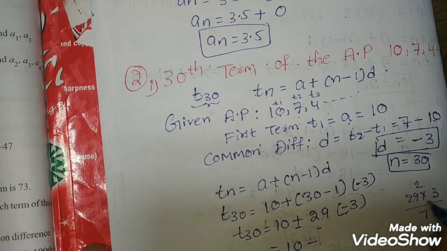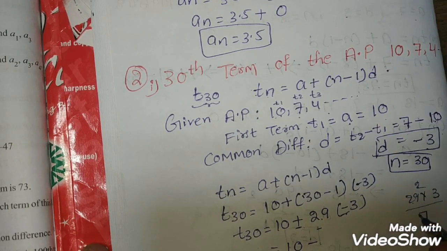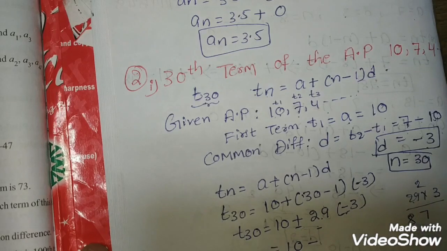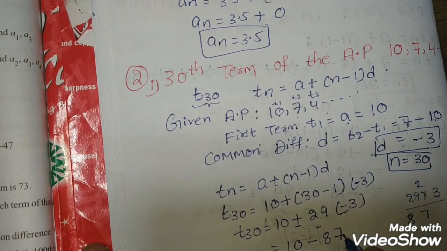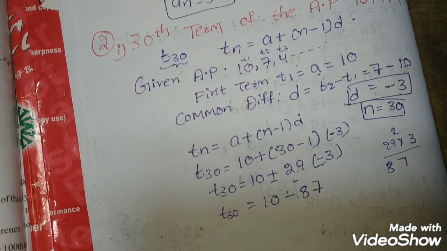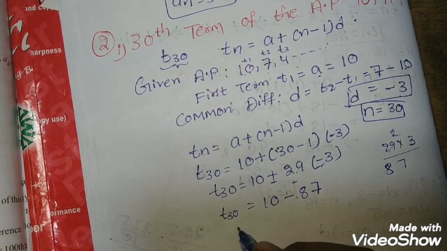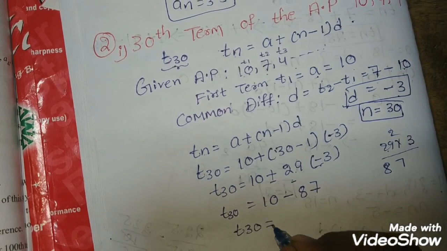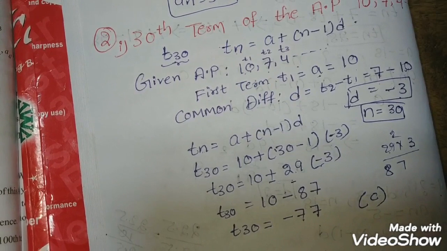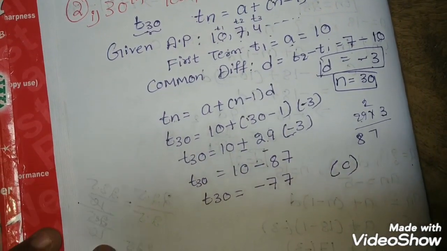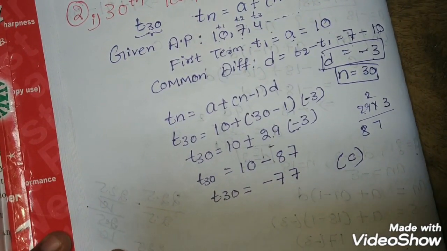That is 87. Minus 87. Are you getting it? What is 10 minus 87? T30 is equal to minus 77. So our option is C, the third option. Understand?